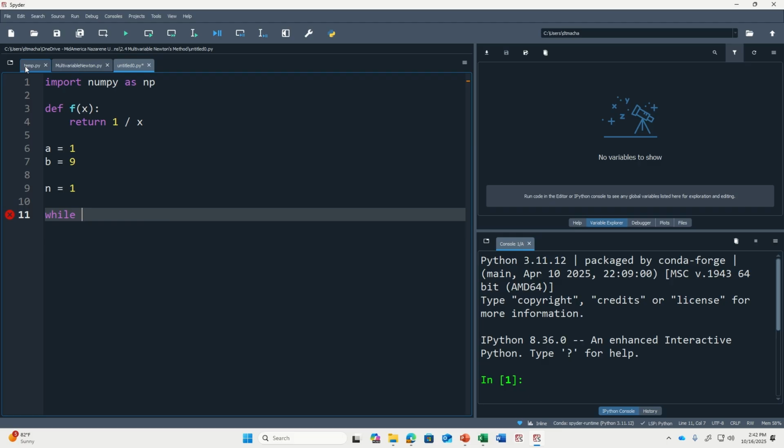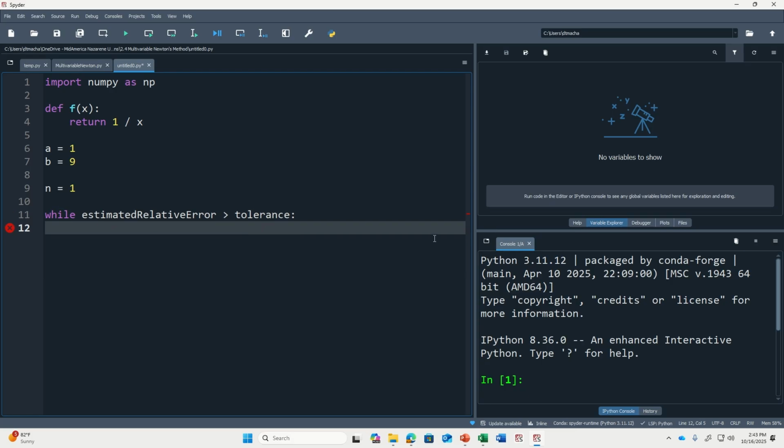And then I'm going to create a while loop that says while my estimated relative error is greater than some tolerance, I'm going to do what?